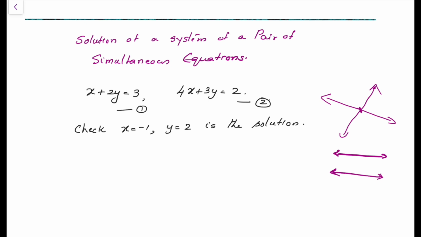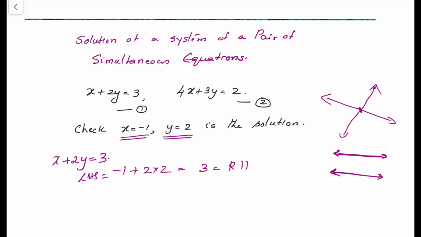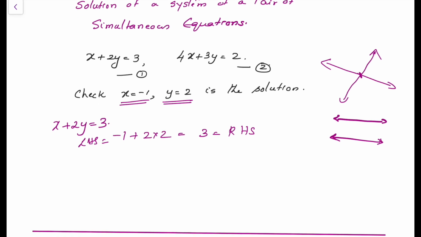So now we have to check whether x is equal to minus 1 and y equal to 2 is a solution. So we will put it in the first equation. In x plus 2y equal to 3, we will substitute x is equal to minus 1 plus 2 into 2. So 4 minus 1 equal to 3 equal to RHS. So this point is a solution of that line. Now 4x plus 3y equal to 2.